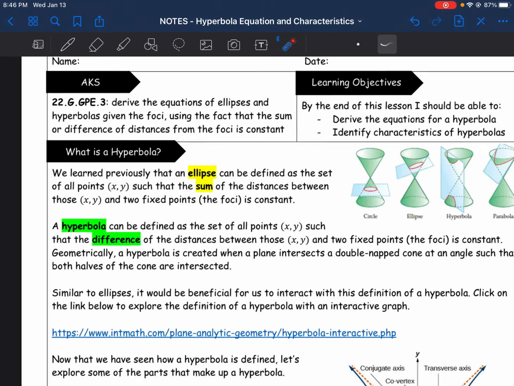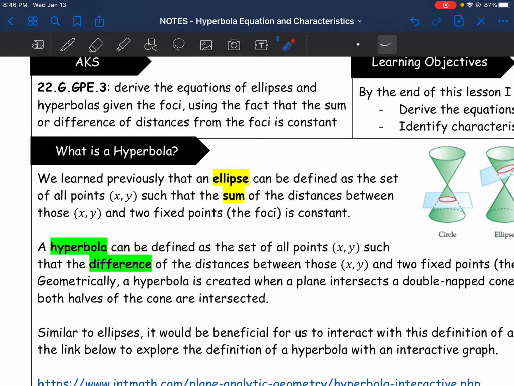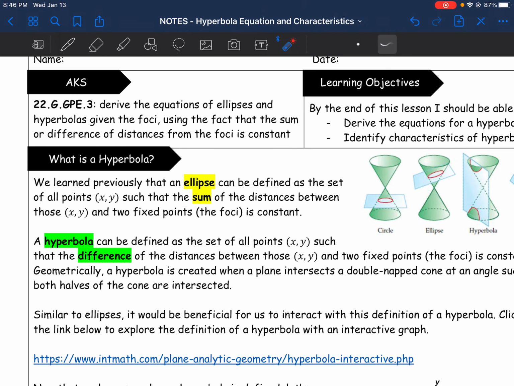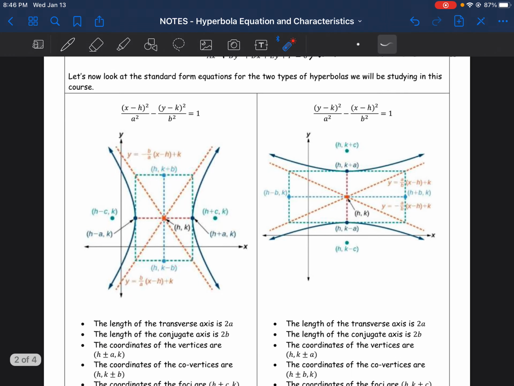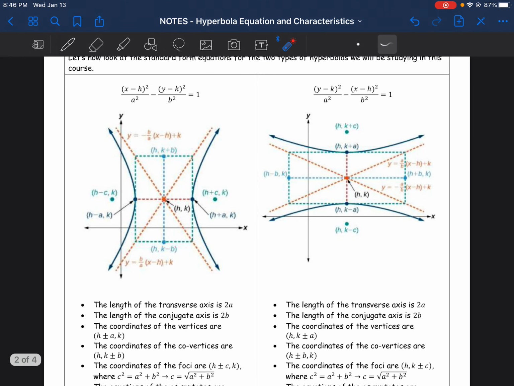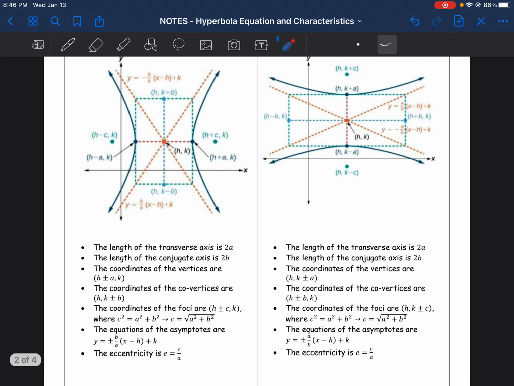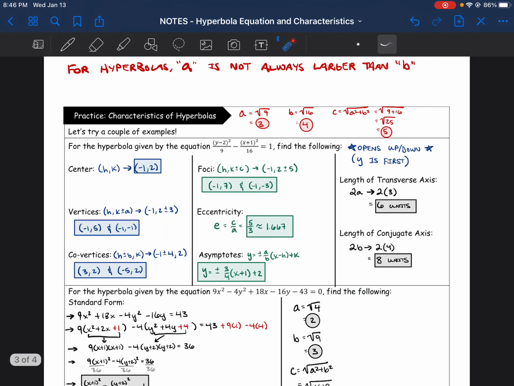And you can see just from the definitions that ellipses and hyperbolas have nearly identical definitions. One is dealing with the sum of the distances between all those points x, y and the foci, and the hyperbola is dealing with the differences. So ellipses and hyperbolas are very closely related to each other, but with some obvious key differences.